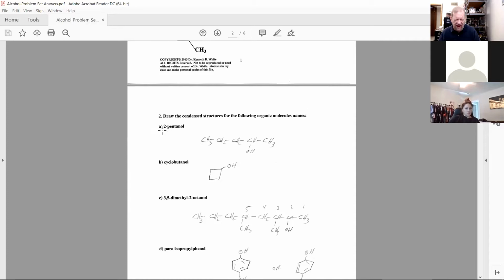And if we look at A, start from the right, move left, OL ending, alcohol, if that were E, pentane, 5 carbons, and which carbon has the hydroxyl group of the alcohol? Carbon 2. Now I start numbering with alcohols, ketones, and aldehydes and other things from the right, because that's how I learned it.